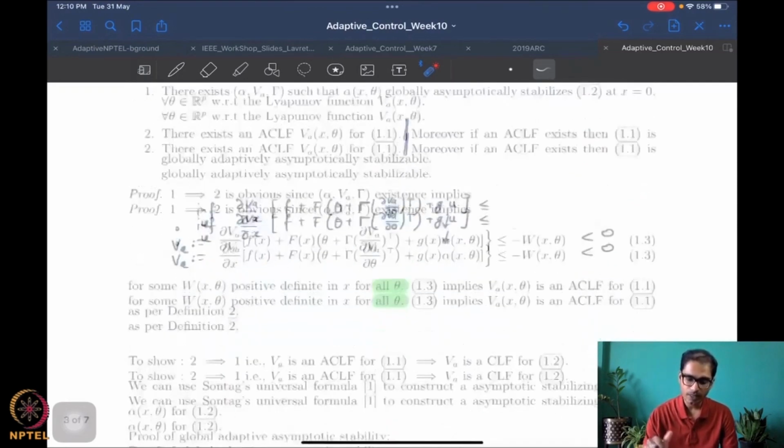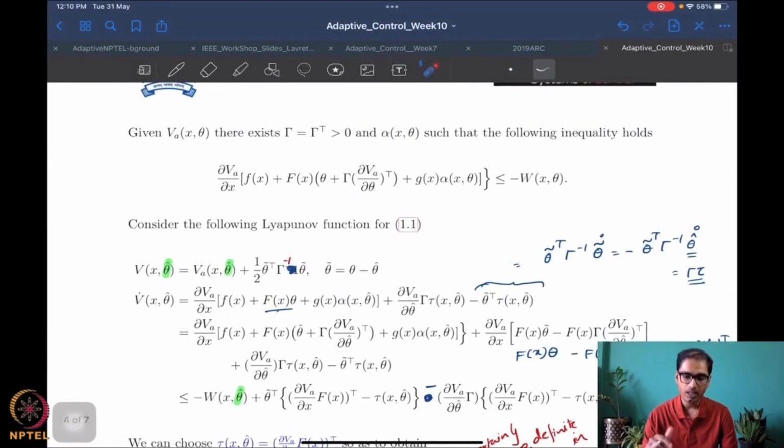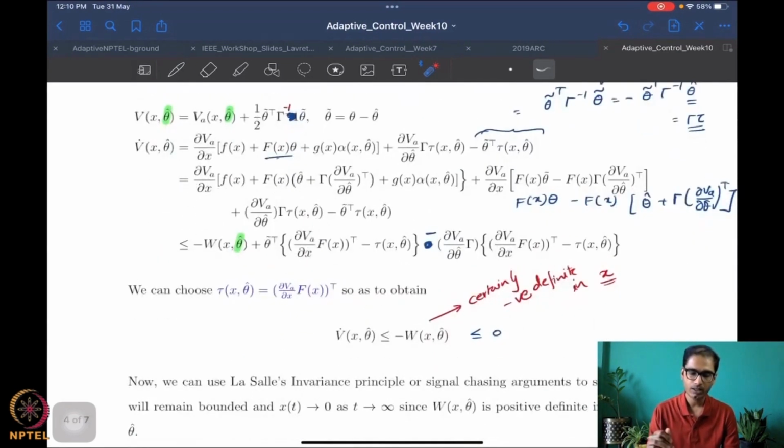It is also very clear and evident that the feedback law alpha can be obtained by using an Einstein-Sontag type formula to get a stabilizing controller, and the tuning function tau is obtained using this expression, right? In fact, there's a clear expression for what would be the tuning function.